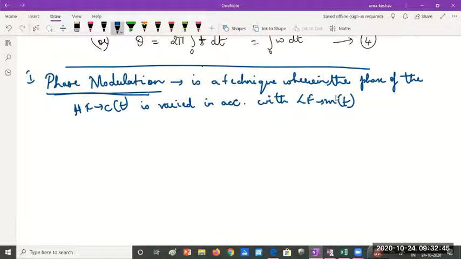So from this definition, let's start off.